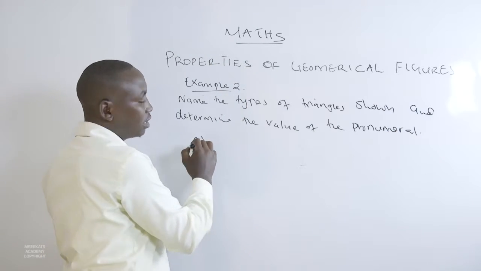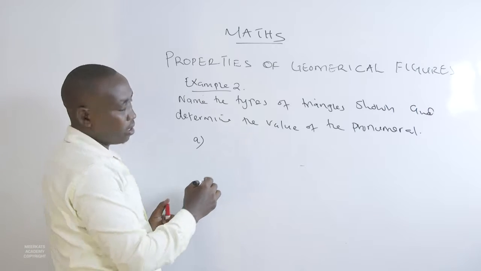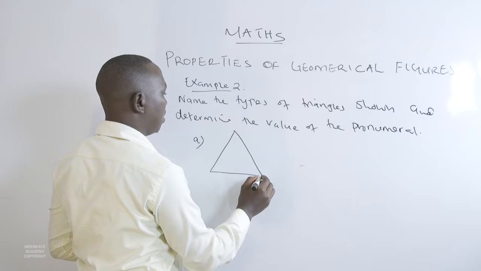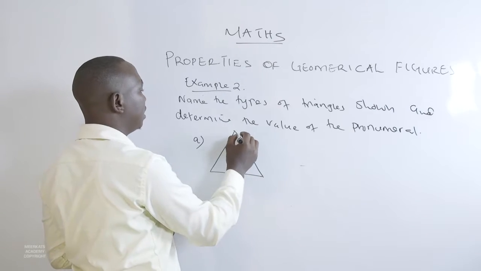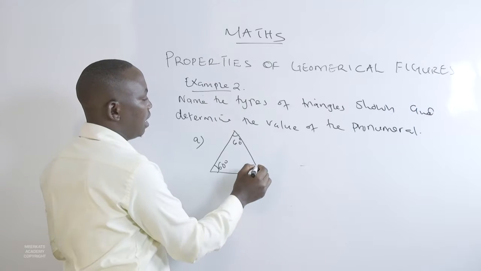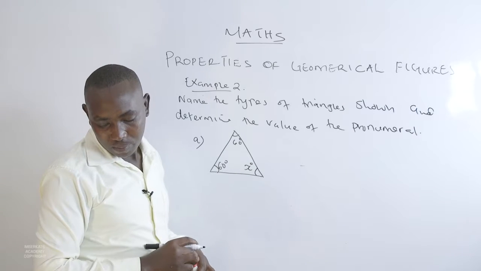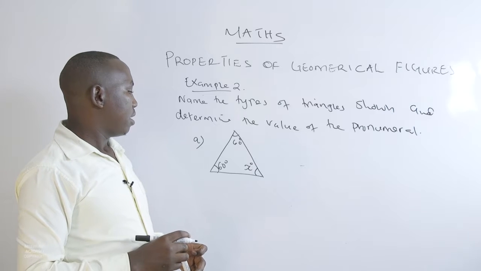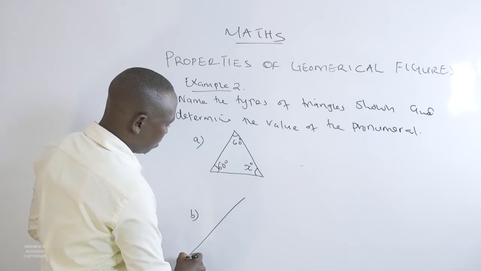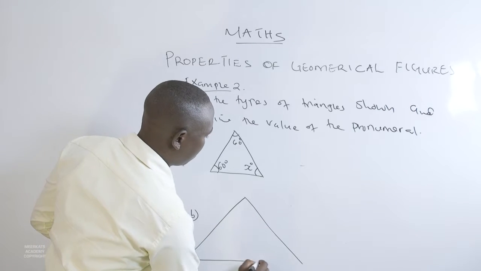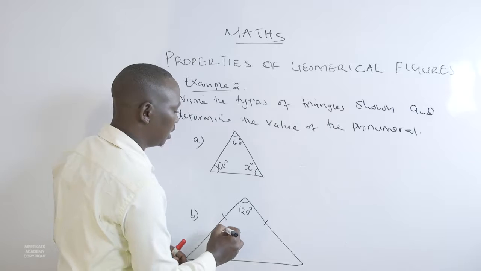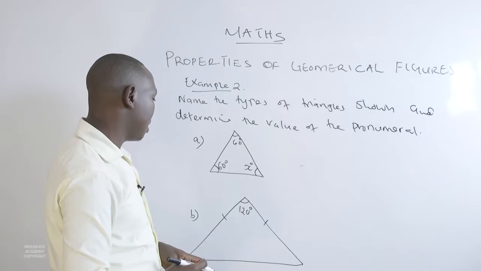We have the first set of triangles. Here we are told that this is 60 degrees and this is 60 degrees. Then this one is x degrees. Number B, we have such a triangle where we are told that this is 120 degrees and that side is equal to that.